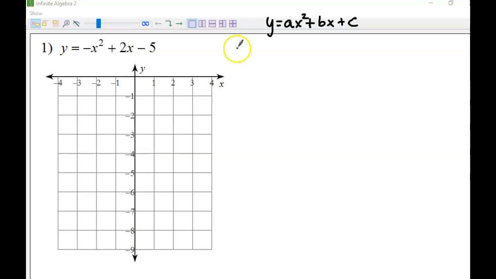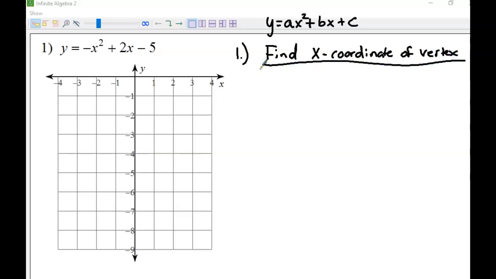The first thing that you want to do is find the x-coordinate of your vertex. And that can be done using this little formula, which I shared with you guys a while back, negative b over 2a.